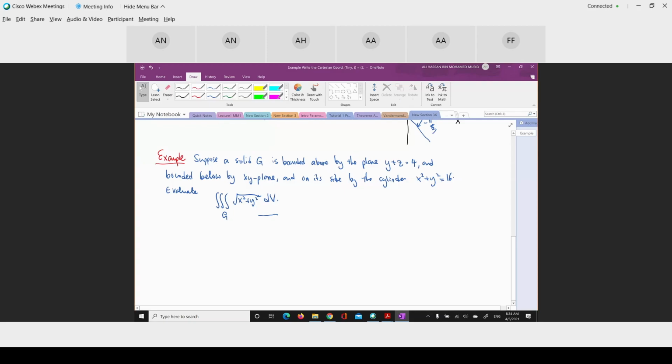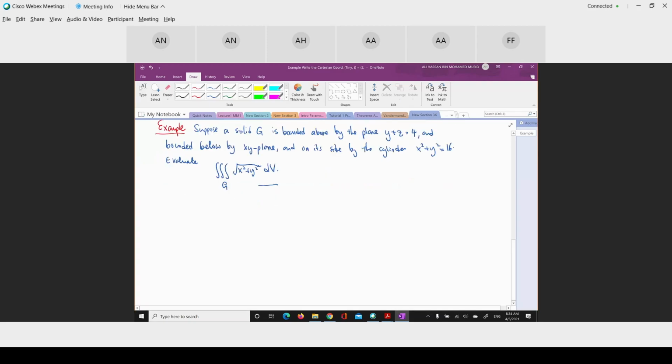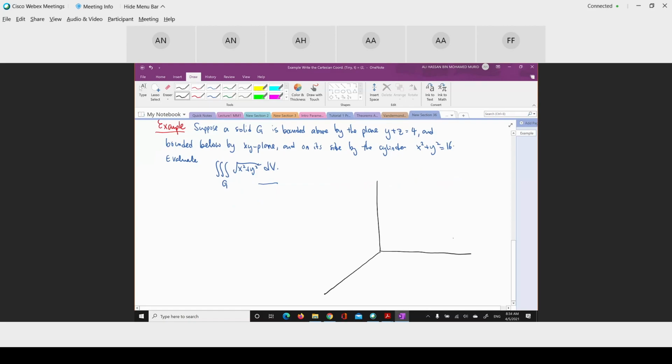We have a plane. Let's try and make a sketch. y plus z equal to 4, which is what? A straight line, is it?